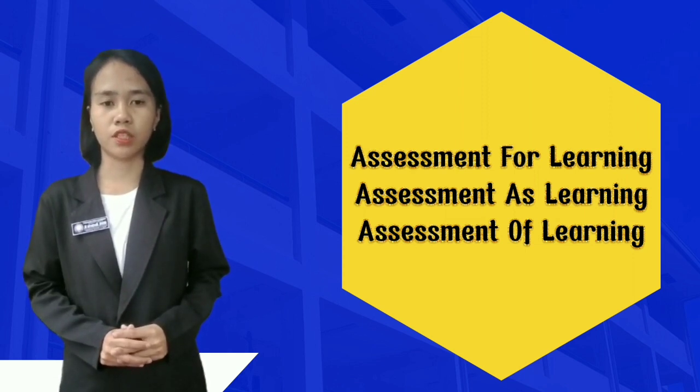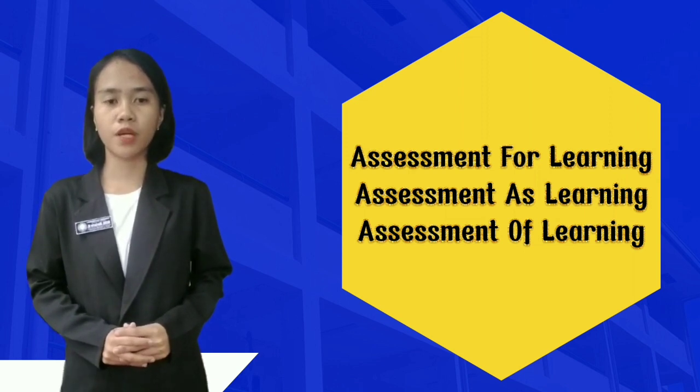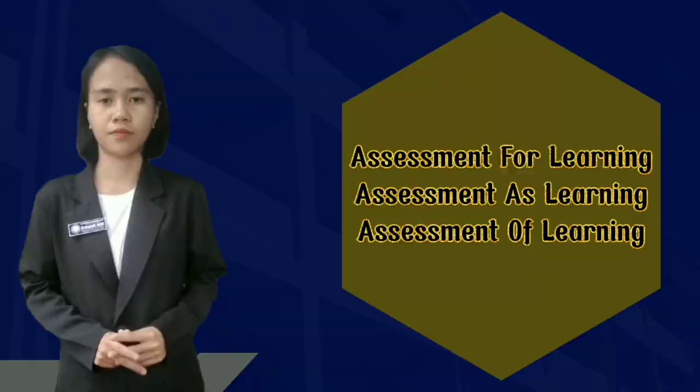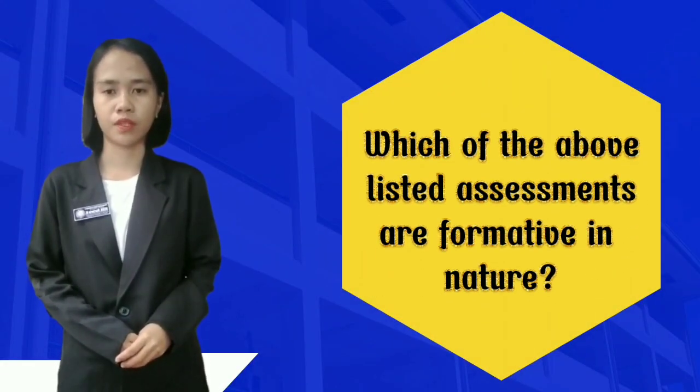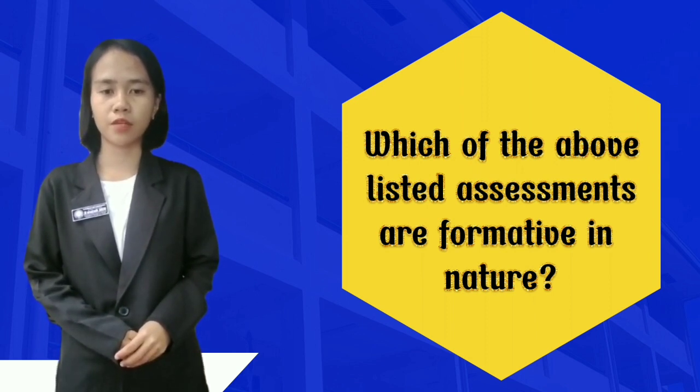Assessment of learning. Number 1, the teacher asks his students if they really comprehend and understand the topic. Of the above listed, the assessments are formative in nature. In the assessment for learning, the teacher did a pre-assessment prior to the formal lesson and gave feedback during the discussion, because it captures the learning process in order to detect misunderstanding, gaps, and changing understanding prior to the summative assessment.